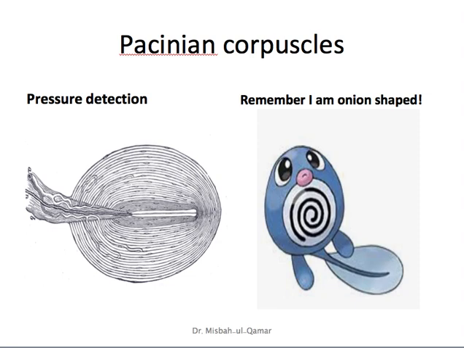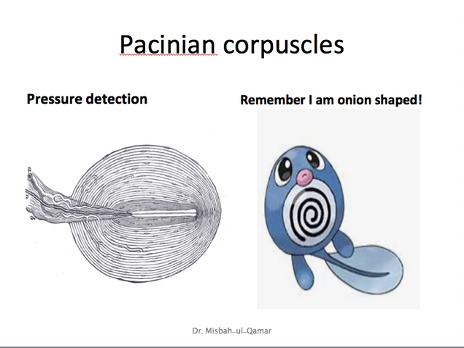And then come the Pacinian corpuscles, which are the receptors for pressure detection. They have a very peculiar shape. They are onion shaped, and they are located in the deep dermis and the subcutaneous regions.